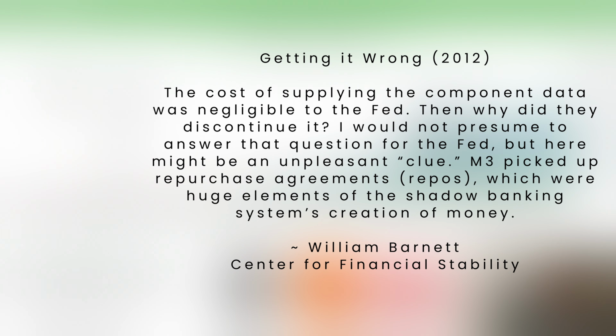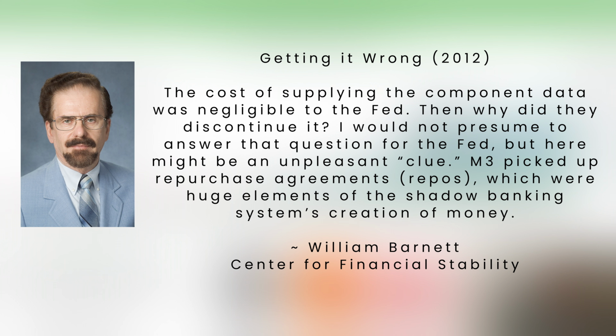Now, you don't have to take my word for this. Let's go ahead and review some comments from a Federal Reserve economist himself. So I'm quoting here from William Barnett from his book, Getting It Wrong, in 2012.